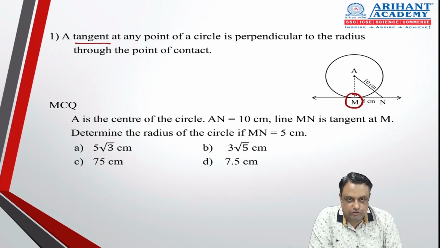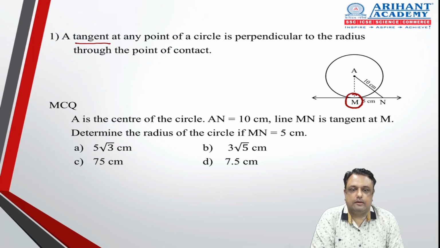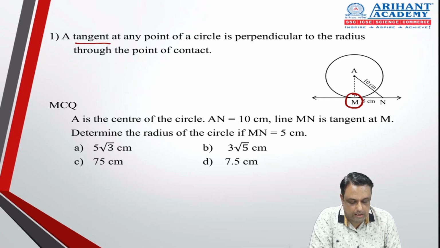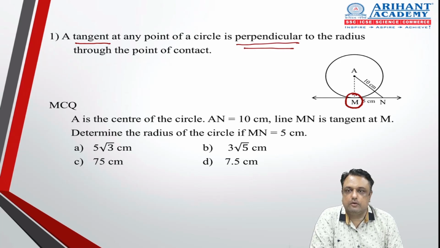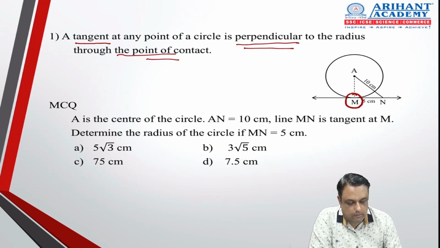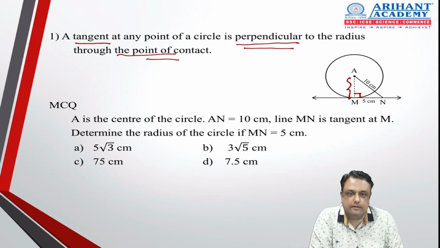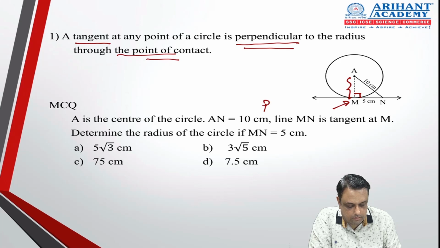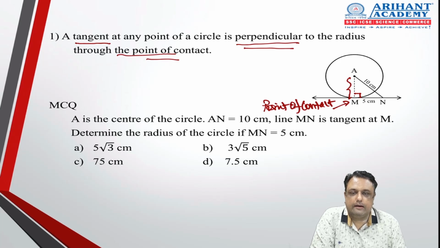So, a tangent at any point of a circle is always perpendicular to the radius through the point of contact. It is always perpendicular. Here you see radius AM, and point M is the point of contact.